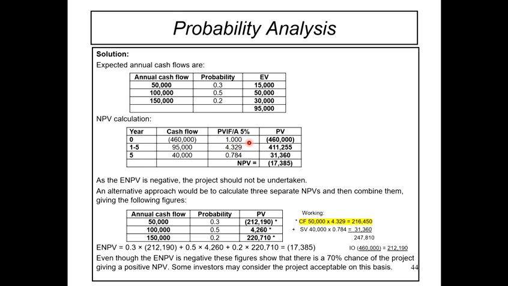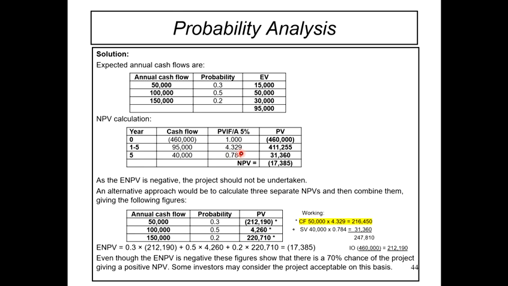You tengok table 5%, tengok table annuity, dan dekat 5 tahun. So you akan dapat 4.329. So you darab lah. So you akan dapat PV 411,255. And then at year 5, you akan dapat scrap value kan, proceeds of scrap value 40,000. So menggunakan table PVIF, you akan refer pada 5%. At year 5, you akan dapat 0.784.